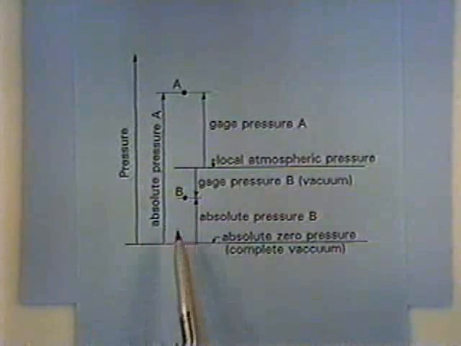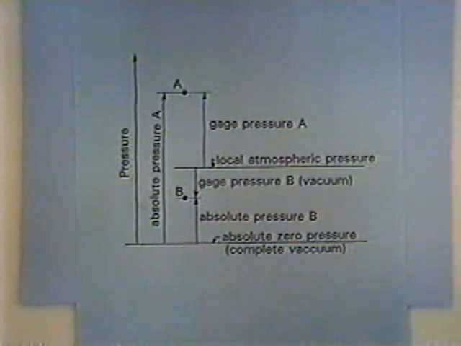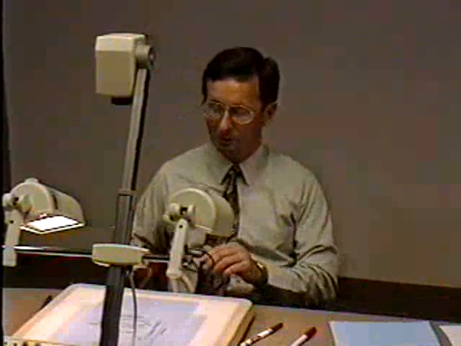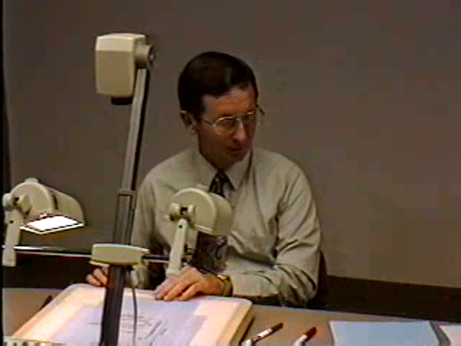But in this diagram, point B is such a point. It's less than atmospheric pressure, and so the gauge pressure is a negative number. We call that a vacuum. And of course, the absolute pressure will always be a positive number.